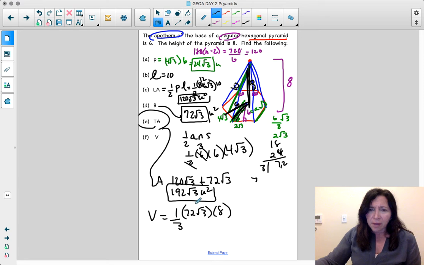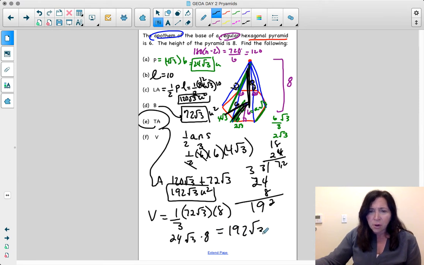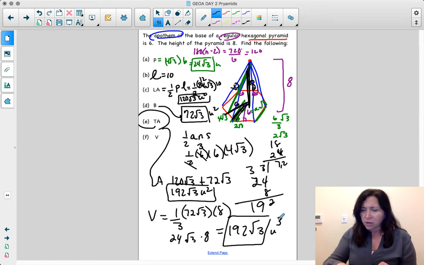Yeah, so that'll be 24 times root 3 times 8. And so now we have 24 times 8, which is 192 root 3 units cubed.